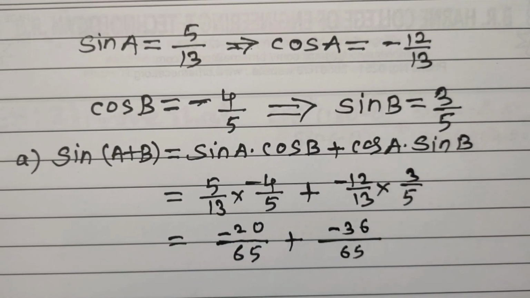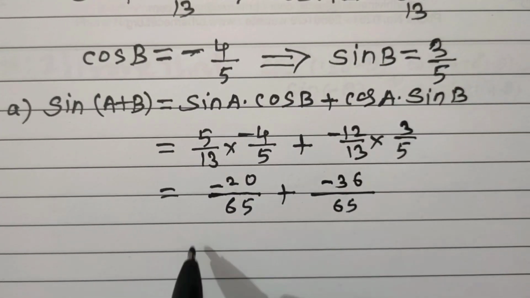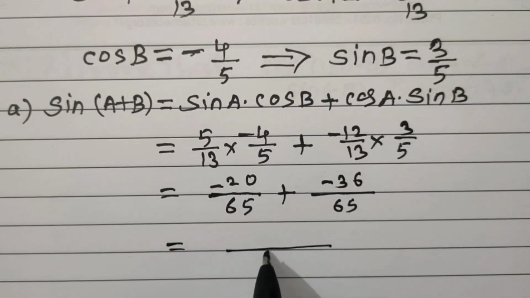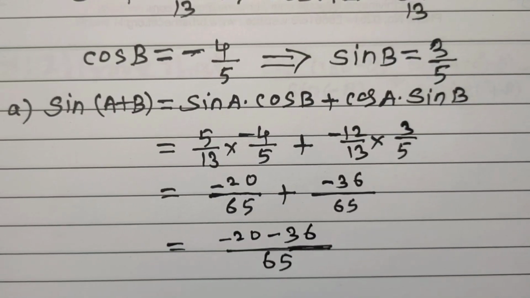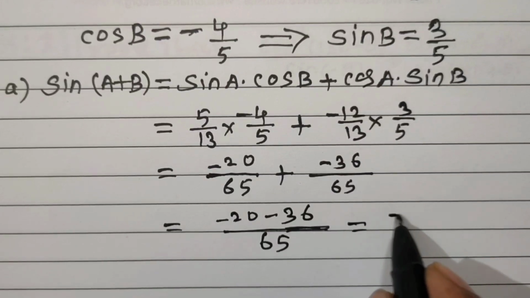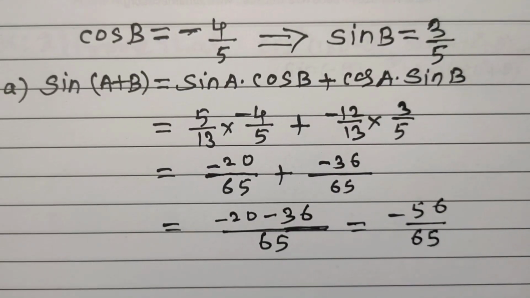The denominator is the same, so we can take LCM 65. So this is equal to 65 in denominator, numerator minus 20 minus 36, and this is equal to minus 56 divided by 65. This is the value of sine of A plus B.